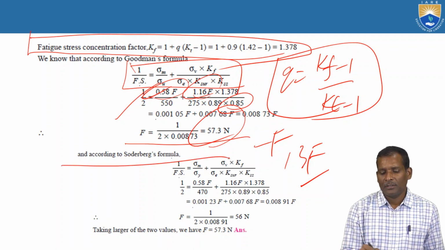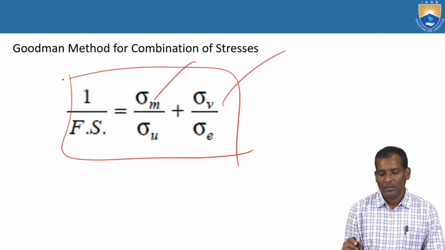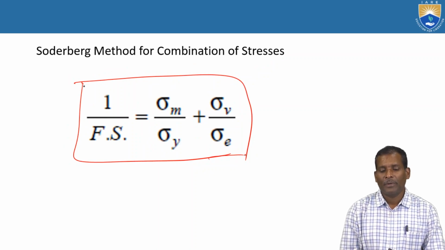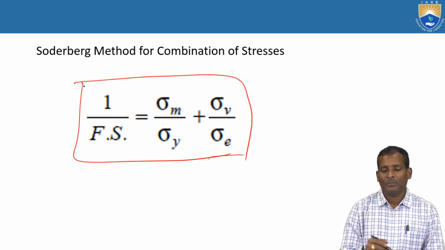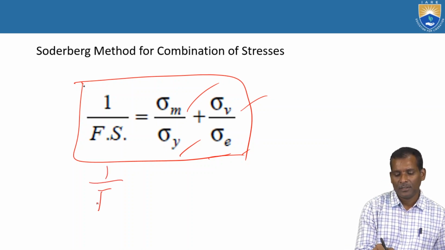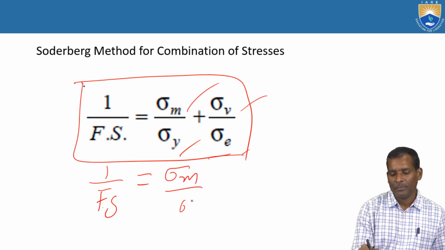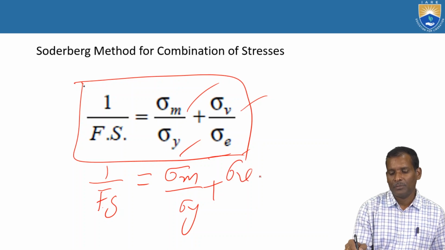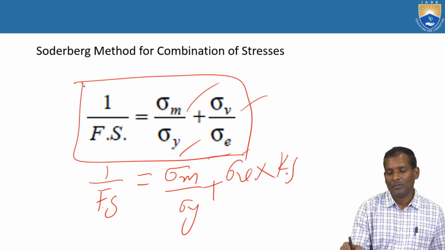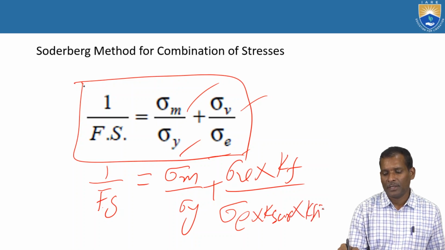And according to Soderberg, now apply the Soderberg theory. You already know the Soderberg formula: 1 by factor of safety is equal to mean stress upon yield stress plus variable stress, without considering any factors. If you are considering factors, write the equation like this: 1 by factor of safety is sigma m by sigma y plus variable stress multiplied with the stress concentration factor by sigma e, K surface finish factor multiplied with K size factor.